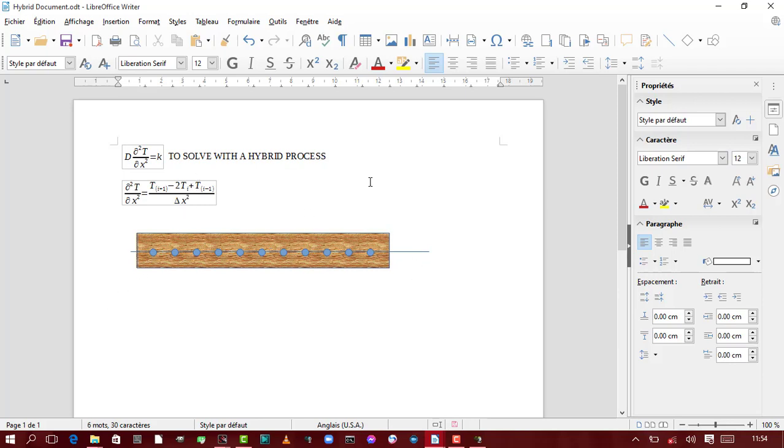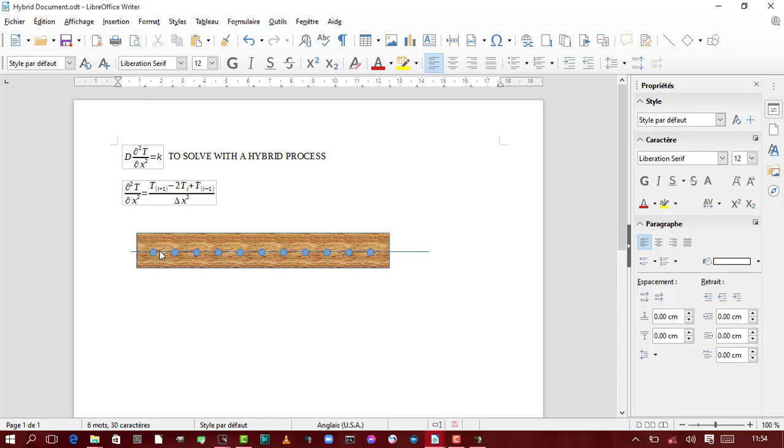So let's make this quick. The equation we want is something like this. At this node, for example, this one, if this is node number 1, or position 1, then position 2, position 3, and this the position 10.